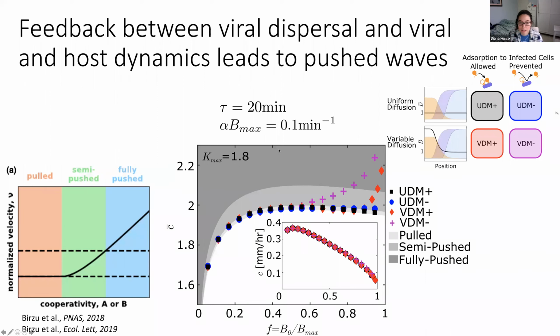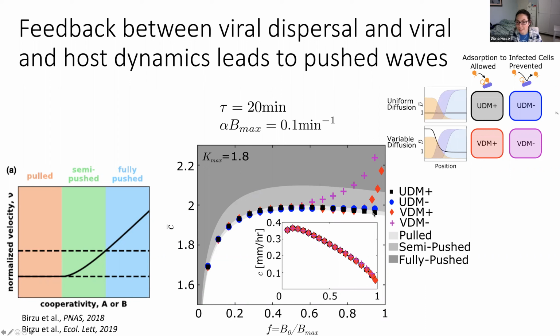So we started with just typical numbers for lysis time and absorption rate of the phage T7. And what we found is that the different model variants actually vary quite a lot. In particular, what I'm plotting here is the velocity of the front as a function of bacterial density.